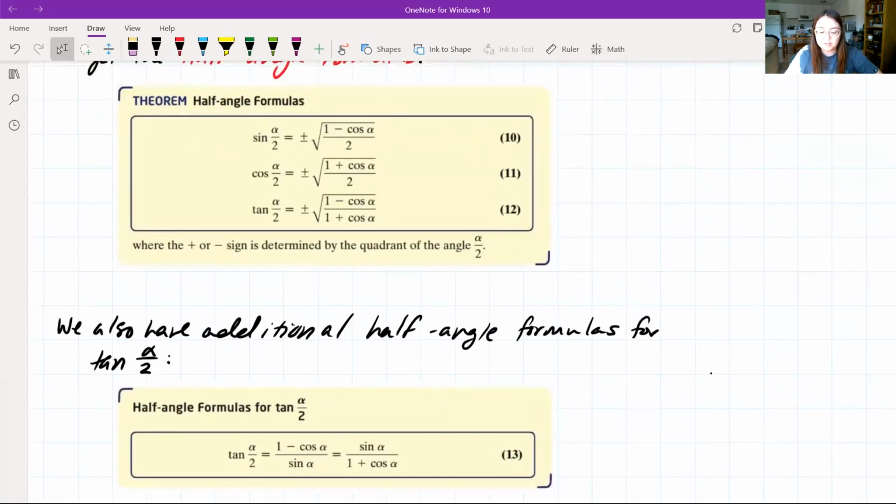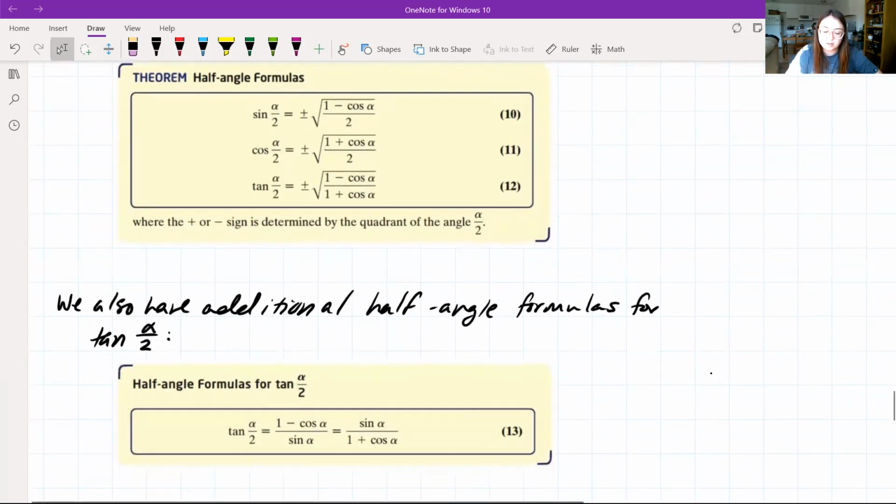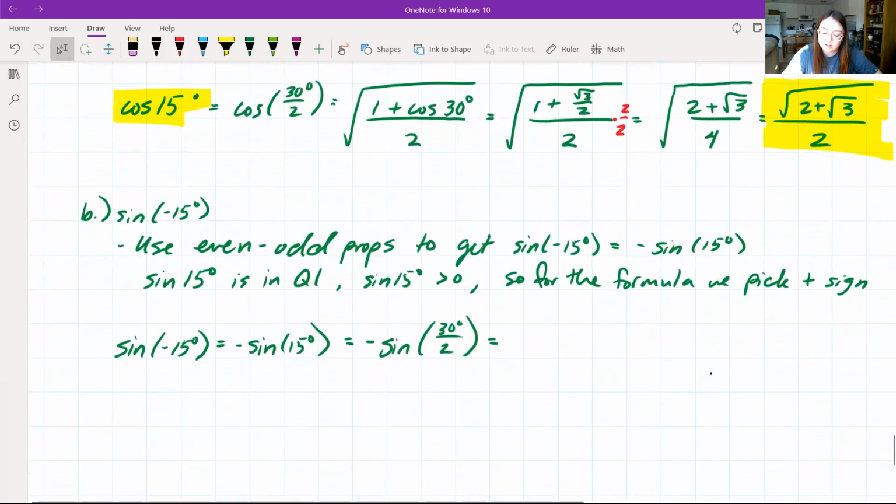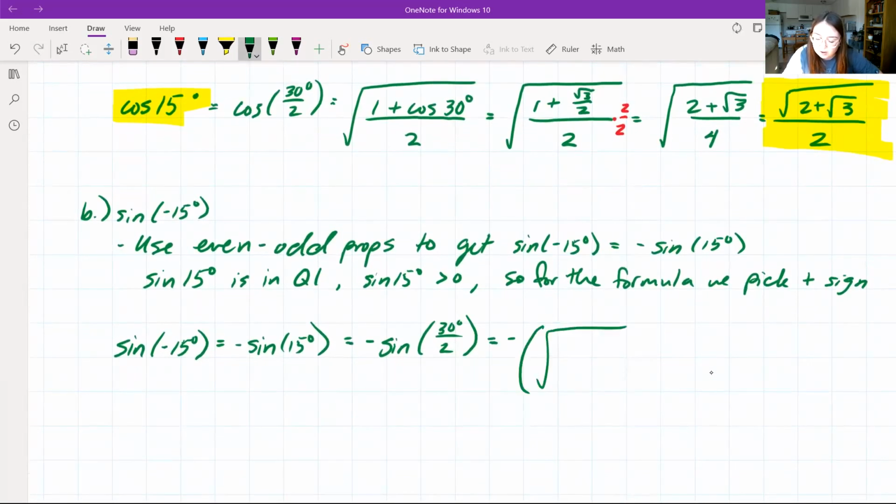So sine of alpha over 2 is equal to this positive or negative square root of 1 minus cosine of alpha over 2. So this means that we're going to get a negative, big parentheses, square root of 1 minus cosine of 30 degrees all over 2. So this means that we have negative square root of 1 minus cosine of 30 degrees, which we already found was the square root of 3 over 2, all divided by 2.